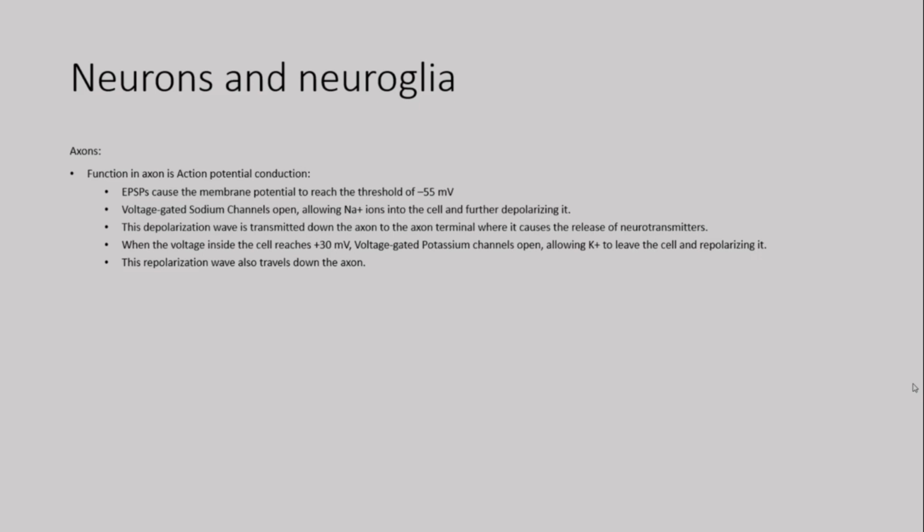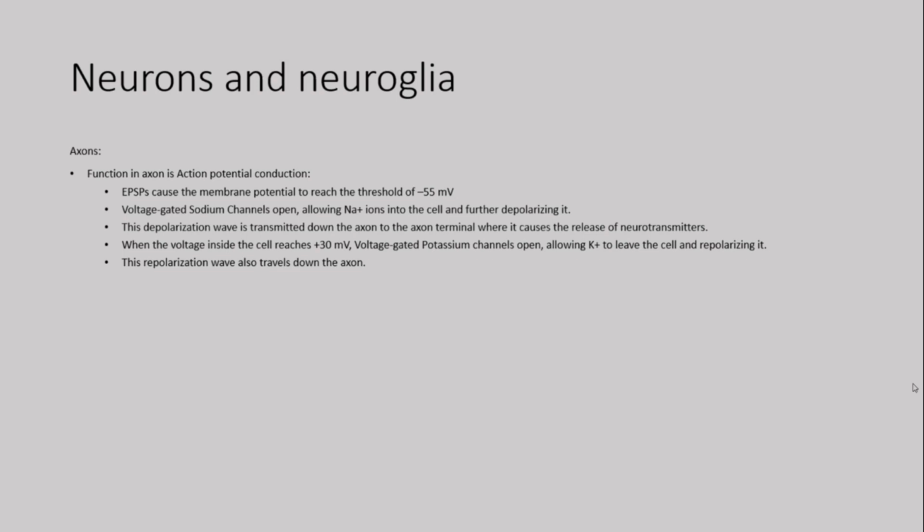We said the positive ions come into the cell, making the cell more positively charged. So with this EPSP, we will reach the threshold potential, which is minus 55 millivolts. This will open voltage-gated sodium channels. We will have an influx of sodium. This will further depolarize the cell. We will reach plus 30 millivolts.